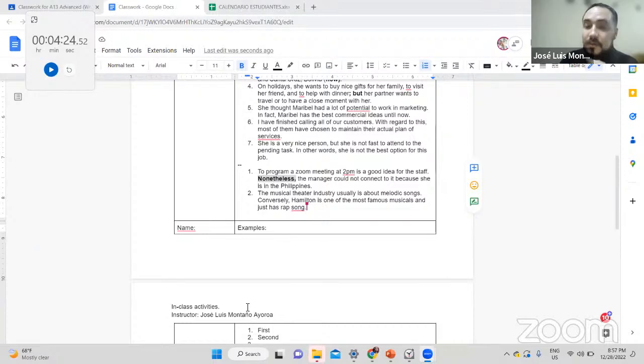Good. Yes, I believe that now if you put emphasis on that, it is going to be contrast. Because here it seems that you say it's a good idea, but in the next part, you don't say that it's not a good idea. You're just saying that it seems to be a good idea, but because of that, this person couldn't do it.